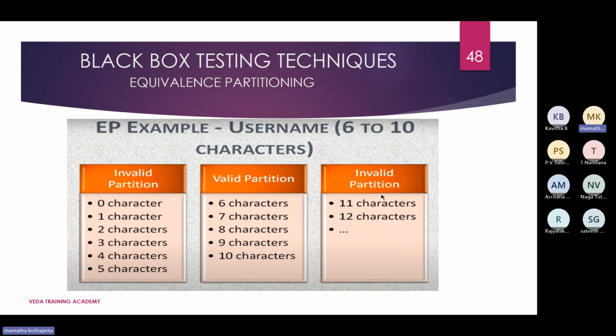And we saw that we divide the total range of data into three partitions. One is valid, the other two are invalid. So based on the range, we create invalid, valid, and invalid partitions.